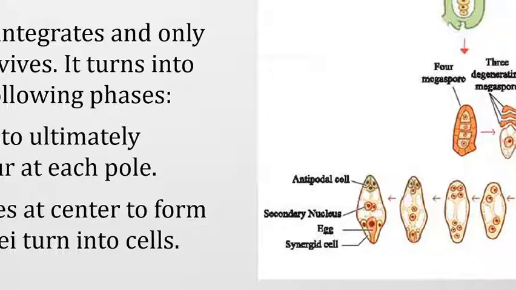And we have seen that these two nuclei fuse together to form the secondary nucleus. And at the opposite pole there are 3 cells present. These 3 cells are called antipodal cells.